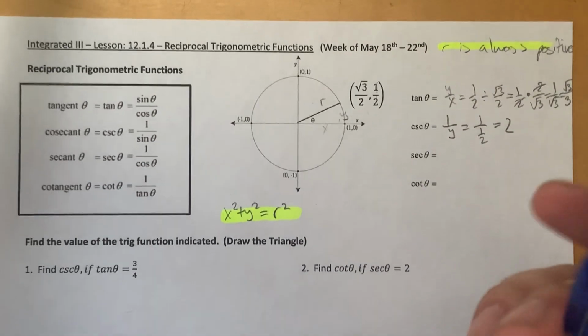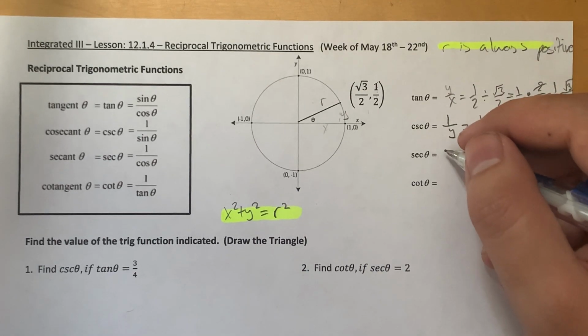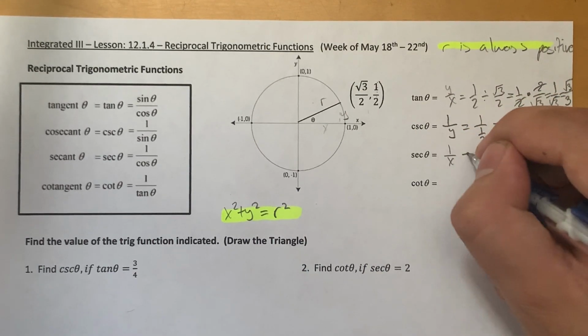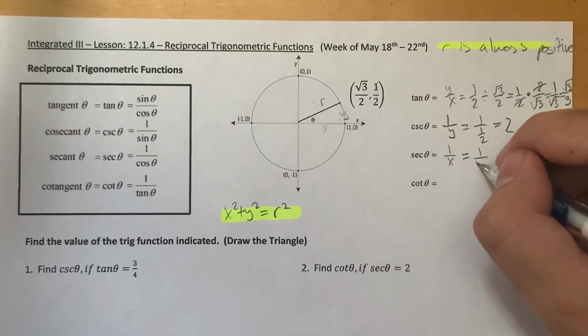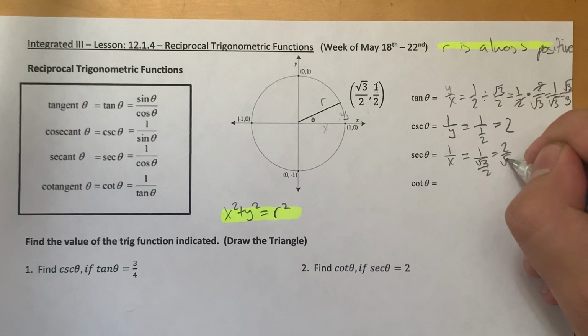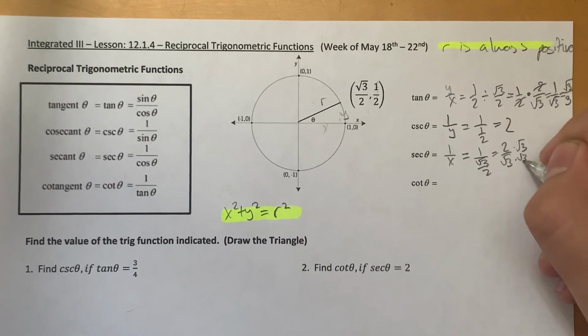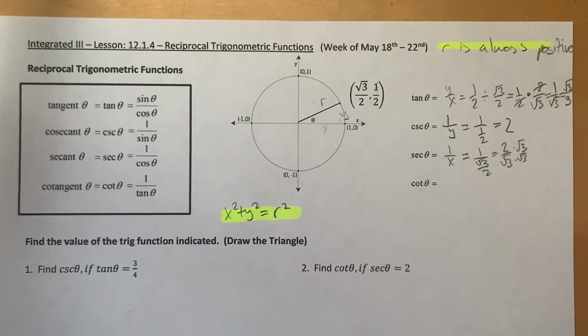Secant theta is 1 over cosine, so it's 1 over x. Get 1 over √3 over 2. Then you get 2 over √3, multiply top and bottom by √3, like I did up here, and you'll get 2√3 over 3.